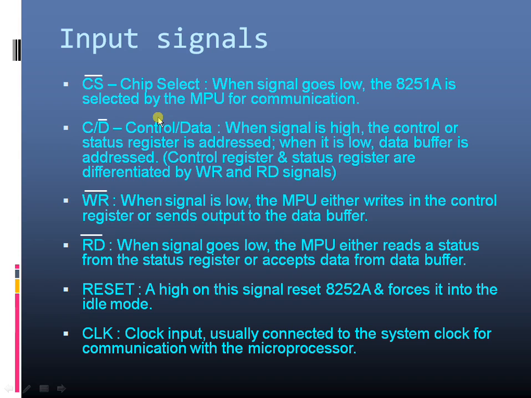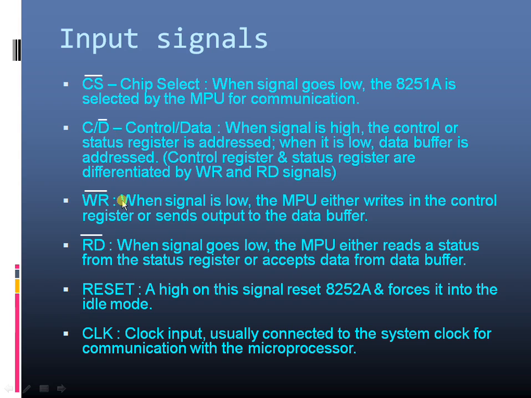It indicates to the 8251 that the information present on the data bus is data, and that should be stored inside the data register. If this pin is 1, then it indicates to the 8251 that the data bus is now carrying control information, and that should be stored inside the control registers.